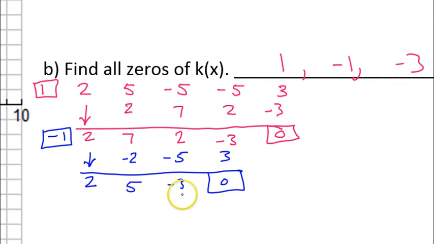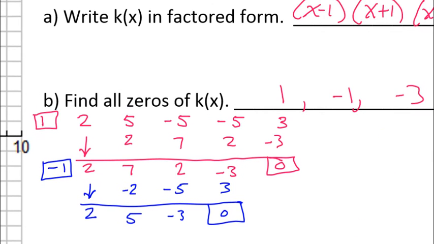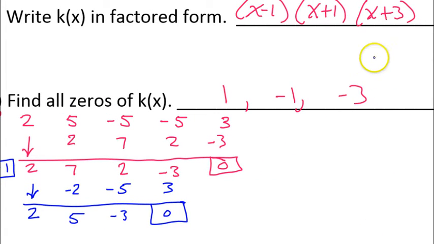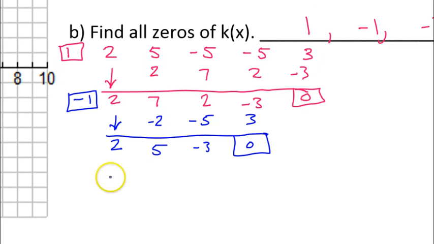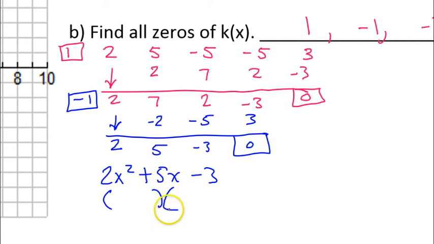Okay, so I could factor this to get my other two zeros. One of them is going to turn out to be x plus 3, so I could even use that to help me factor this. I've got 2x squared plus 5x minus 3. So I know I'm going to have 2x and x.